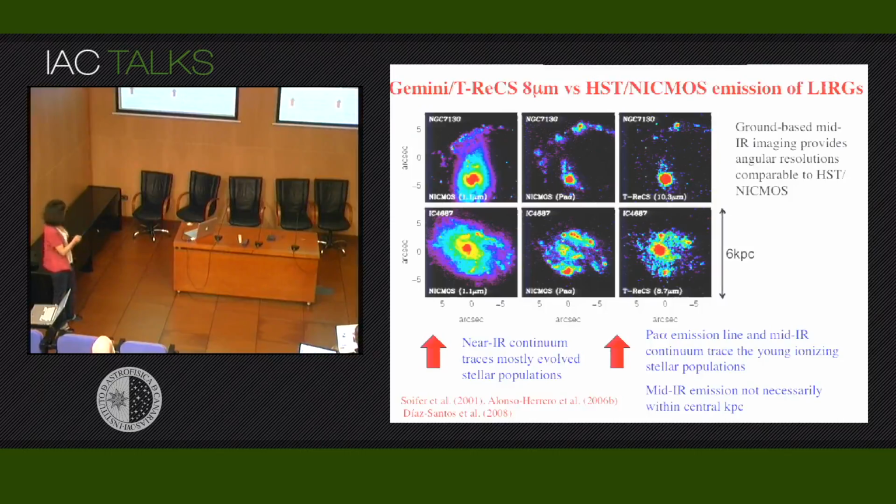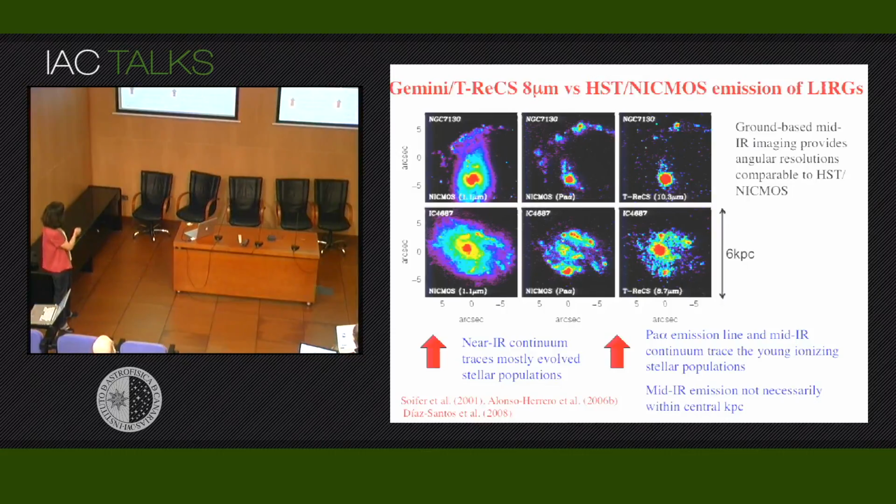Here what we can see is that the near-infrared continuum of LIRGs, but this is general to any kind of galaxy, is mostly tracing the more evolved stellar populations. And then when you look at Paschen alpha and the mid-infrared continuum, you see that the morphologies are quite similar. And they are telling us that the mid-infrared continuum is mostly tracing the young ionizing stellar populations.